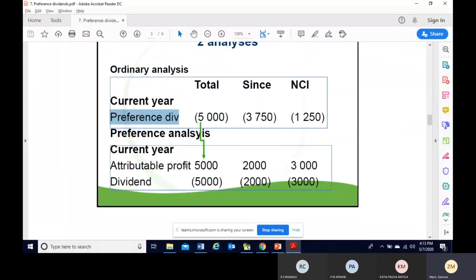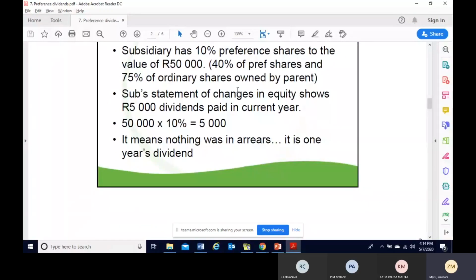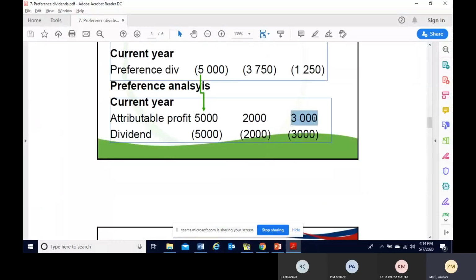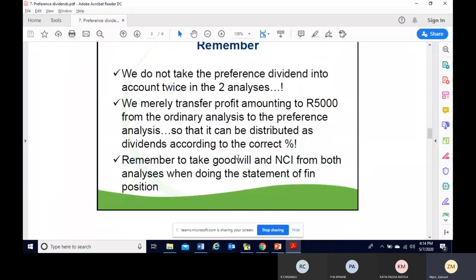But when it comes to preference analysis, we transfer this profit where these preference dividends were supposed to be paid off here. We show 5,000, but the interest in shareholding now differs because the parent now in a preference is 40% and the NCI is 60%. So the dividend will still be paid as a percentage. We'll speak about this 5,000 and 3,000 again.